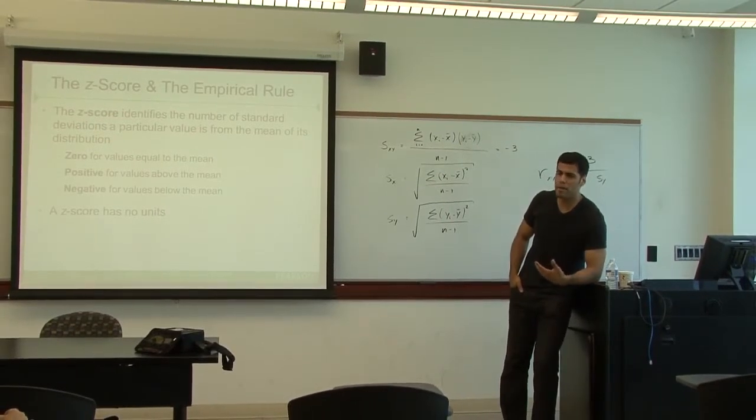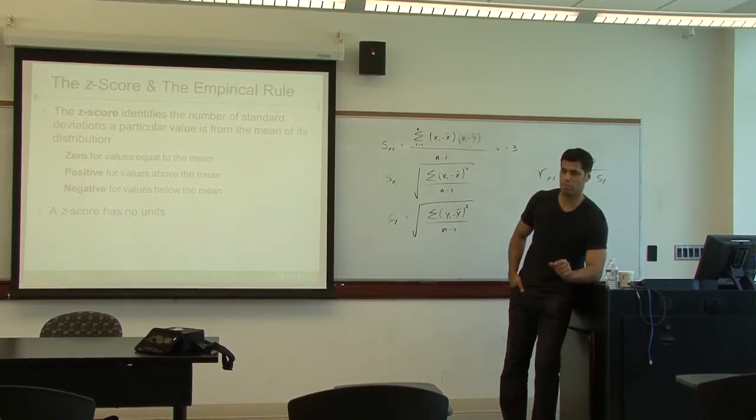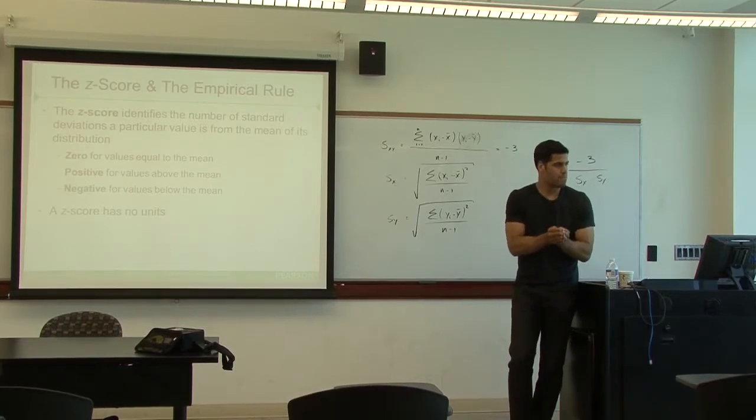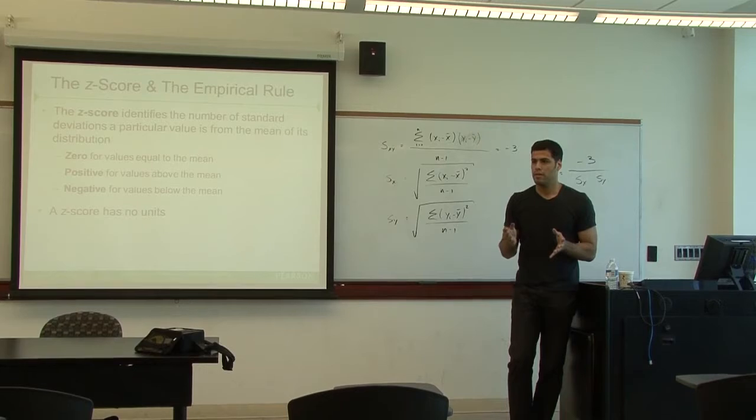But the z-score is basically the number of standard deviations that an observation is away from its mean. Does that make sense? How many standard deviations a given observation, a given data value, is away from its mean?